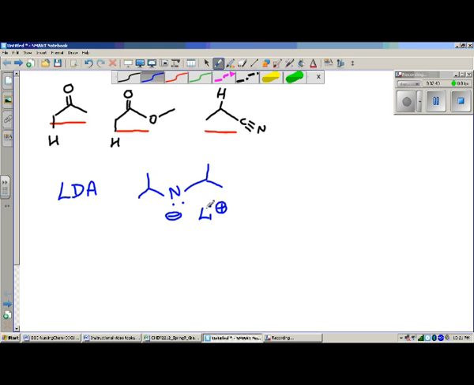The isopropyl groups make this a poor nucleophile and a very strong base. So this can deprotonate any alpha hydrogen like this one, or this one. And if you have the enolate, then you simply add in whatever alkylating agent and you have your direct alkylation. So let's take a look at an example.